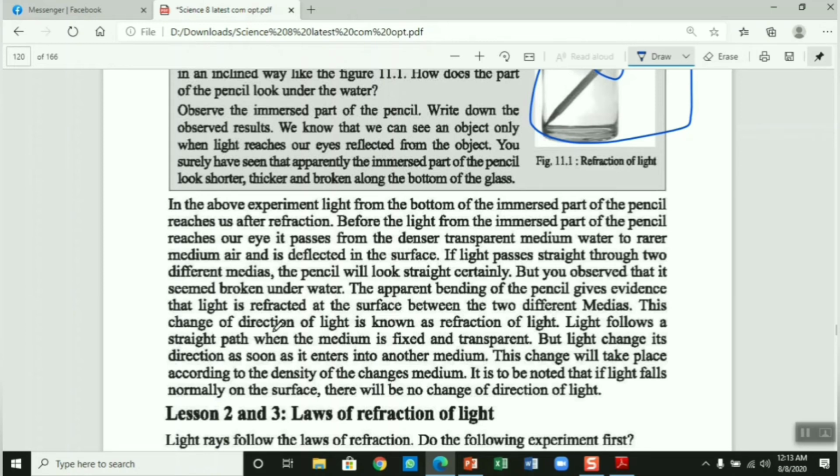Because of refraction of light. You will write the answer properly from here to here. First of all you will write that it is because of refraction of light, and then the explanation is written inside it.